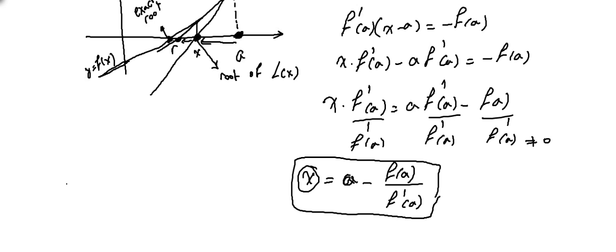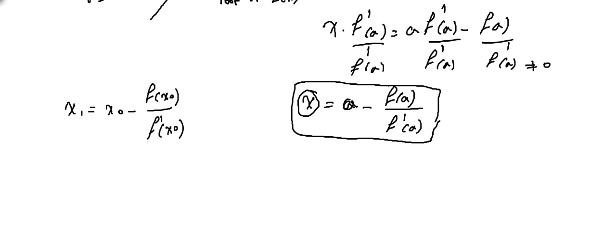We get another formula: x1 equals x node, or x0, minus f of x node over f prime of x node, taking a as x node and x as the second point we get from x node, which is x1.